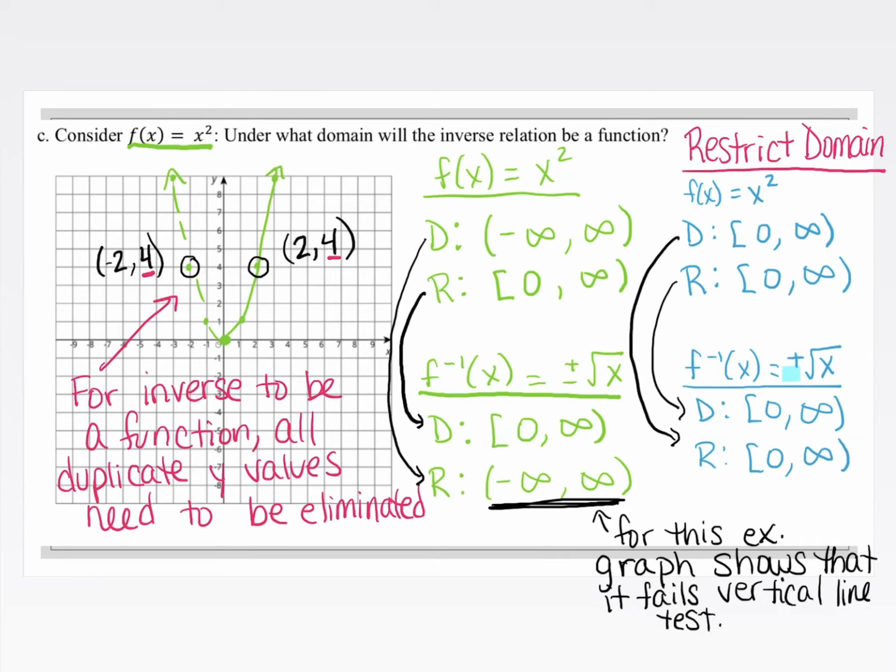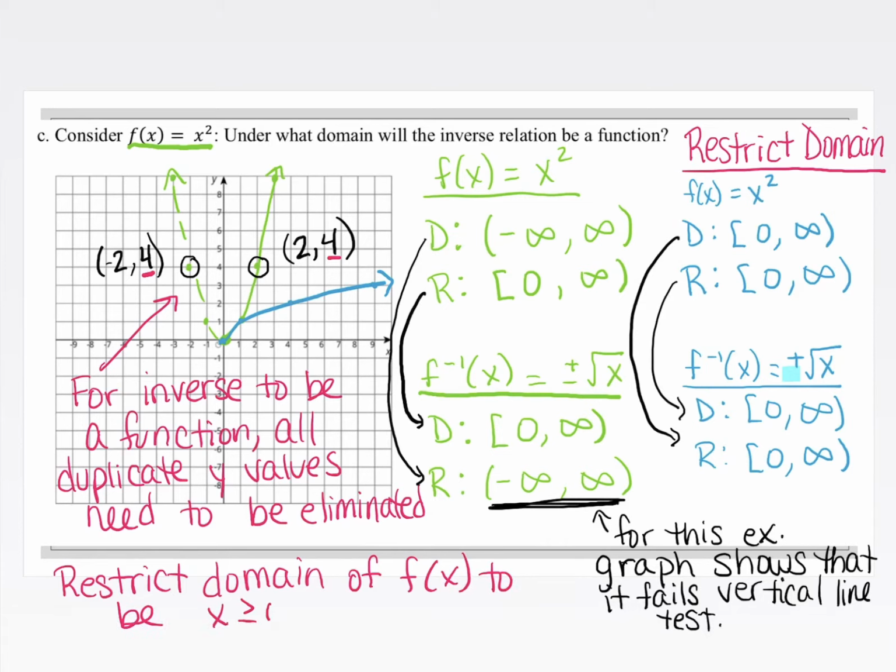So if we were to graph this now, this is what our graph will look like. It will only be the top half of this. And this graph passes the vertical line test. So in other words, we needed to restrict the domain of our original function, so of f of x, to x only greater than or equal to 0.